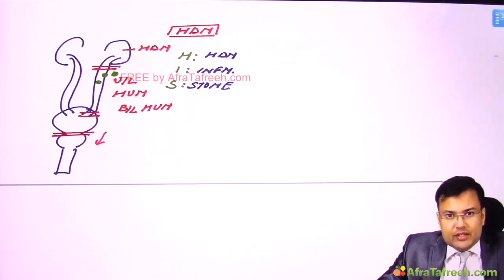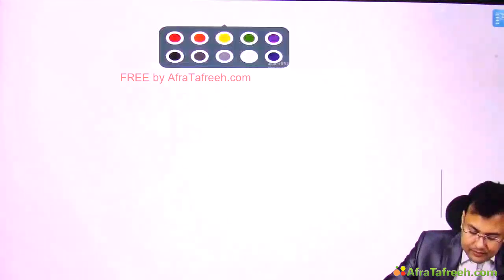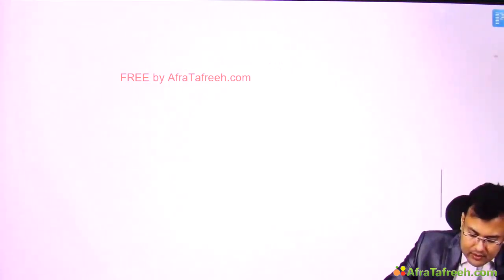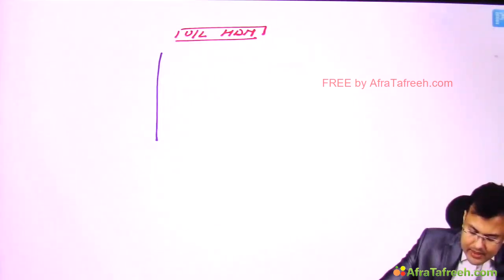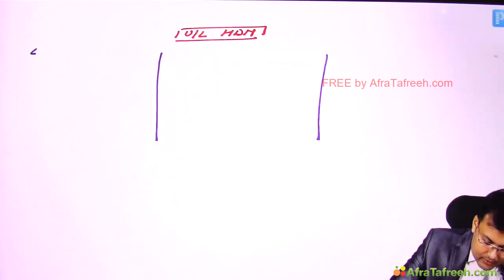So what are the etiologies of unilateral hydronephrosis and bilateral hydronephrosis? First we are going to discuss unilateral hydronephrosis. Now see the etiology. It can be extramural, meaning outside the wall.